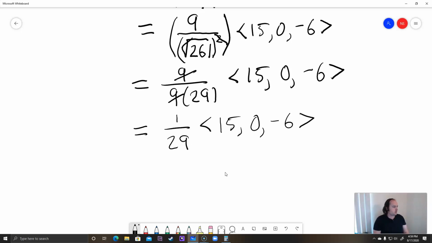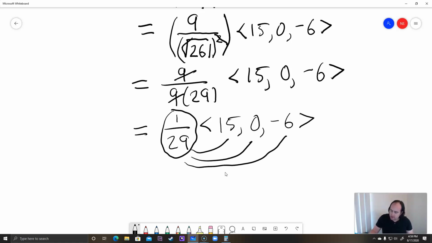And then for your homework, they want you to go ahead and distribute the 1 over 29 to each individual component, just like we always do with scalar multiplication. So for the first component, we're going to have 15 over 29.